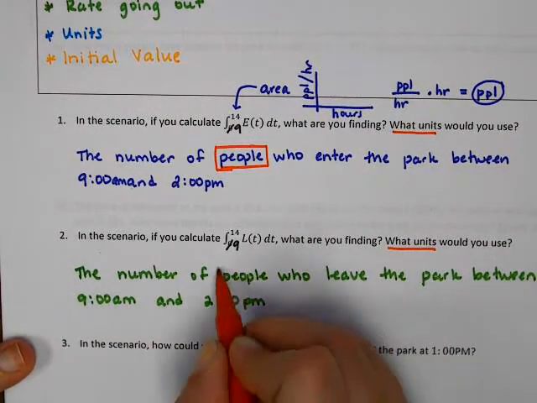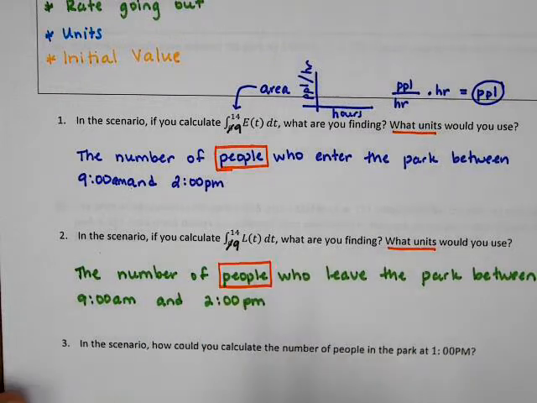I would use people, because when I integrate a rate function, I calculate the amount of stuff. If I'm integrating people per hour, I calculate the number of people.